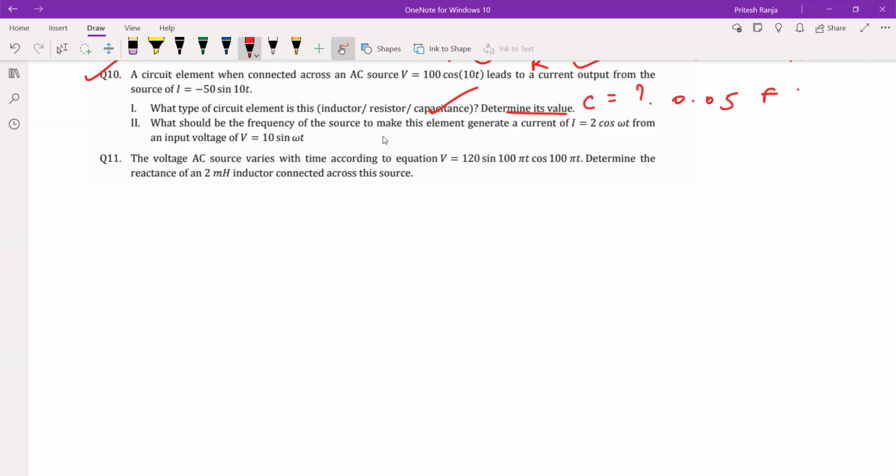And the frequency also can be calculated here by using just the normal expression, 2 by pi hertz. We have done multiple questions similar to this. Let us check only for this frequency. What should be the frequency to make this element generate a current of this much from an input voltage of V equal to 10 sine omega t?